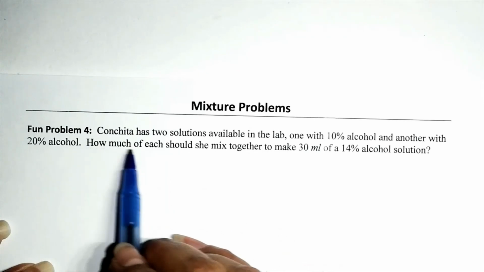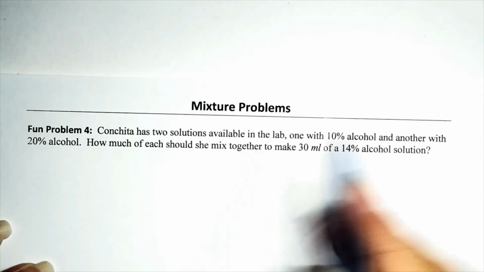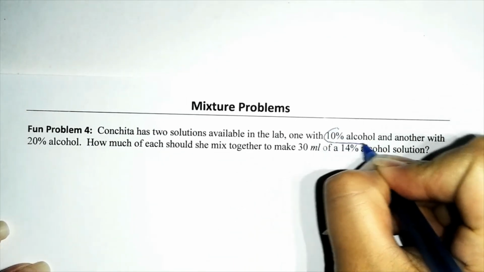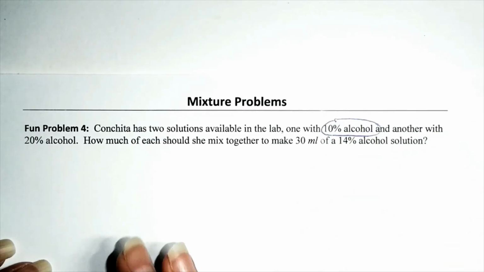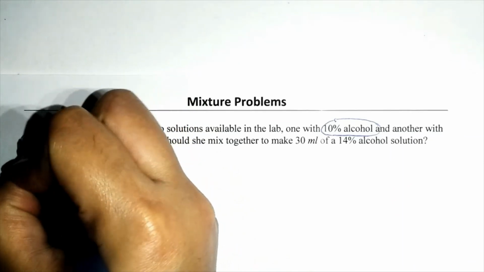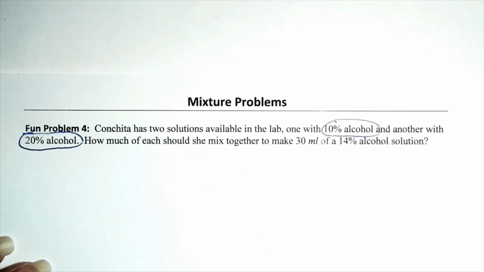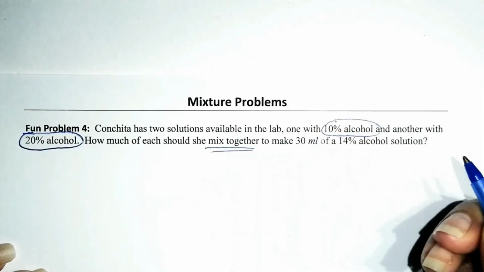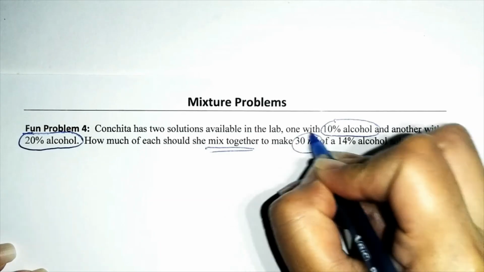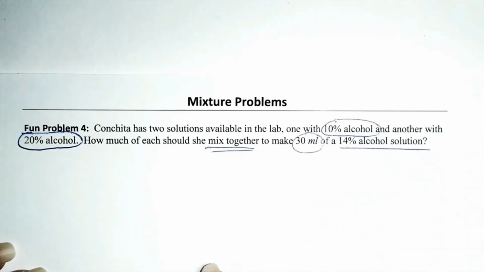They don't tell us how much of the 10% or the 20% she has, but we know the strength. And the question is, how much of each should she mix together to make 30 milliliters of a 14% alcohol solution?